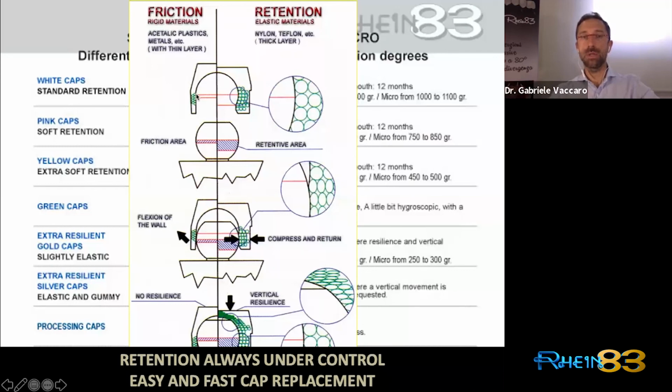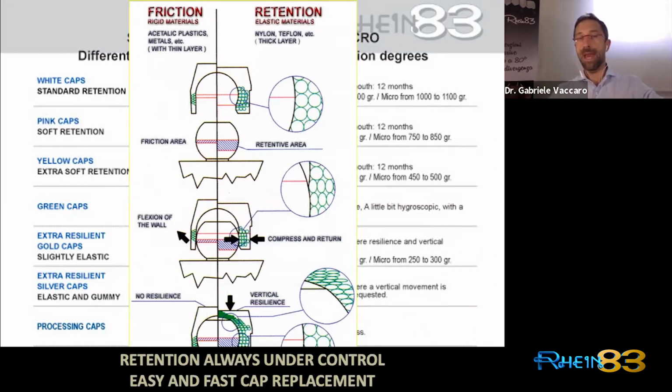Moreover, we have a compression area right here that gives more shock absorption during the patient's occlusion. If we are using a rigid material that works by friction, the retentive area becomes smaller, because it's just the contact point between the two walls of the female cap and the sphere, and we have no resilience because it's a rigid material.